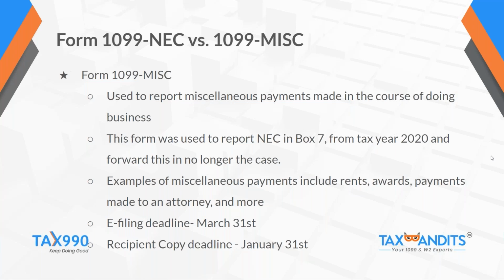Form 1099 Miscellaneous is also required to report a minimum of $10 in royalties or broker payments rather than dividends or tax-exempt interest. And there are a variety of other types of payments that may need to be included on Form 1099 Miscellaneous. You'll notice the e-file deadline for this form is March 31st. However, it is important to be aware that the recipient copy deadline for the form is still January 31st.